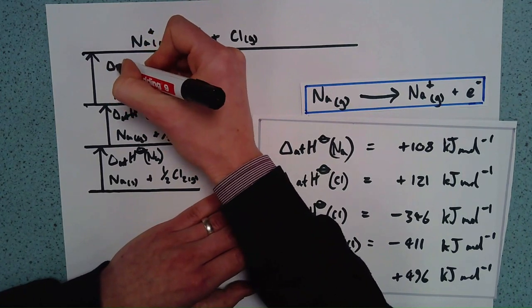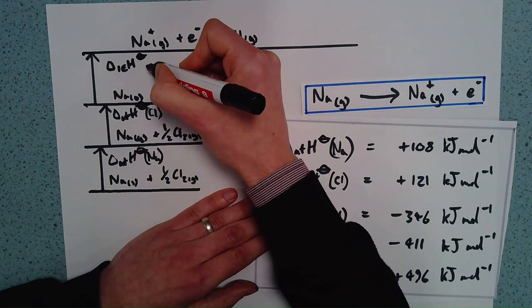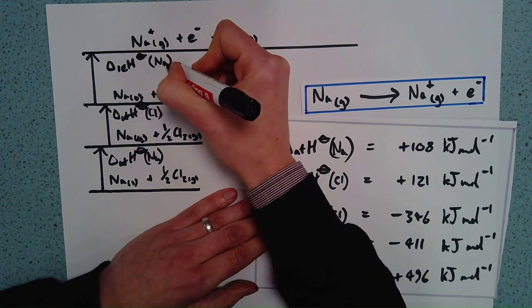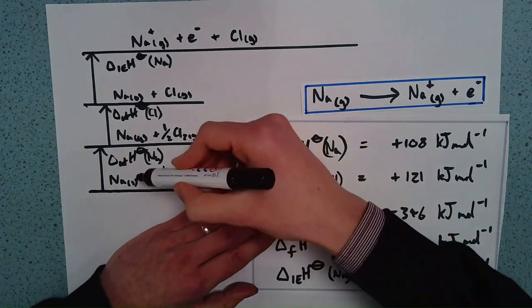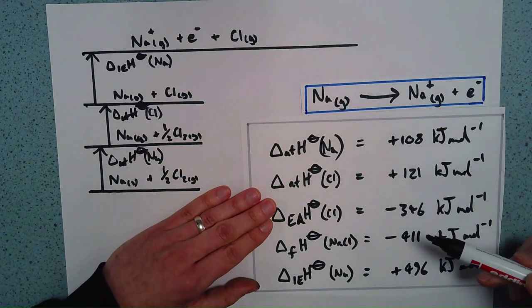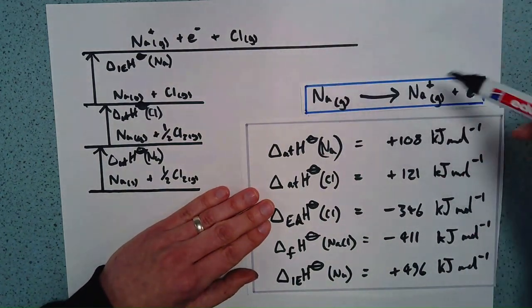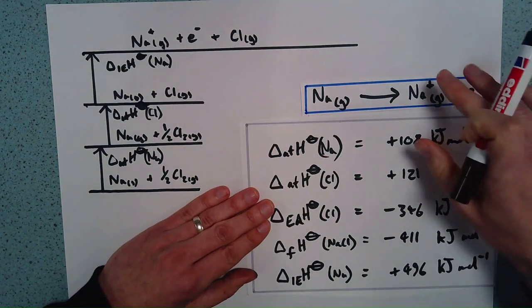This is the delta IE H for Na, as it's written on here. Up we go. We've got to the highest level that we're going to get to in this example. And then we've got this, and the chlorine left over from over there.